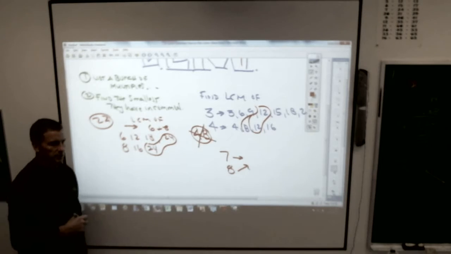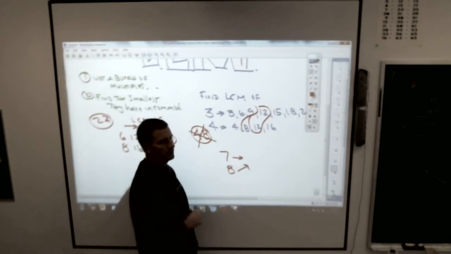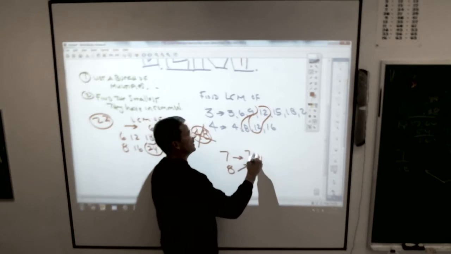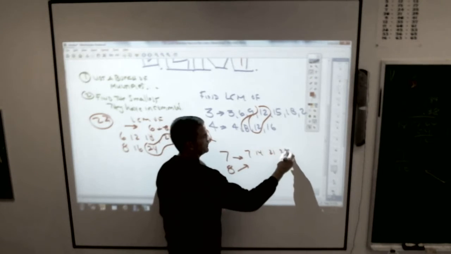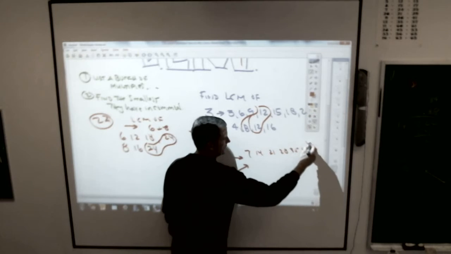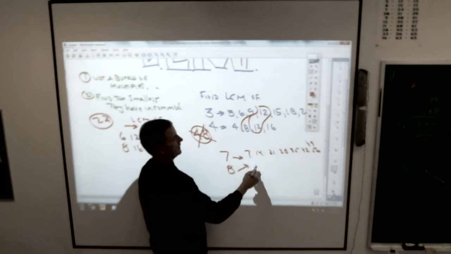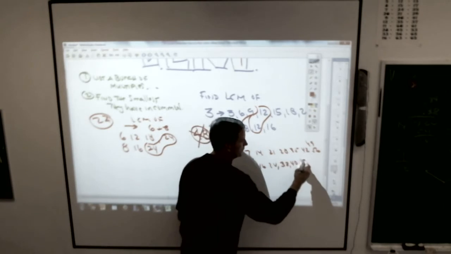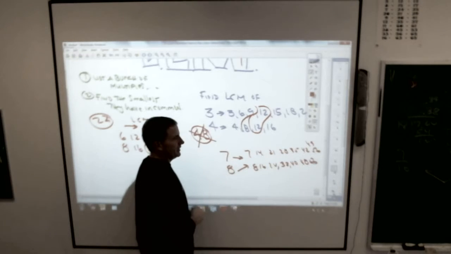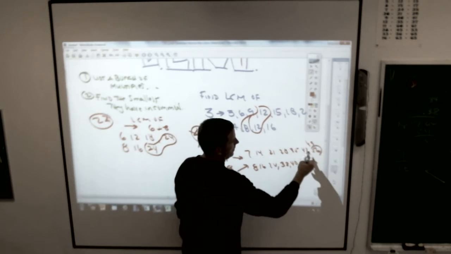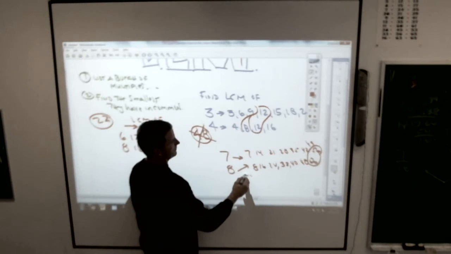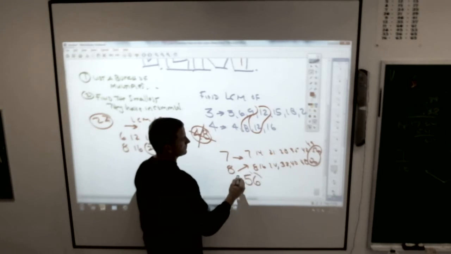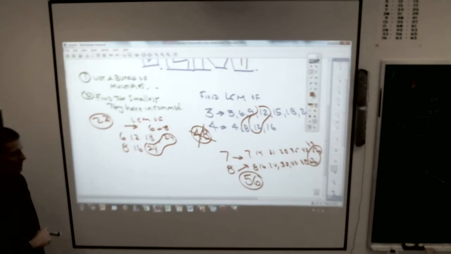Madison, what's the least common multiple of 7 and 8? 7, 14, 21, 28, 35, 42, 49, 56. 8 is 8, 16, 24, 32, 40, 48, 56. The smallest thing they have in common is 56. Some of them aren't even.